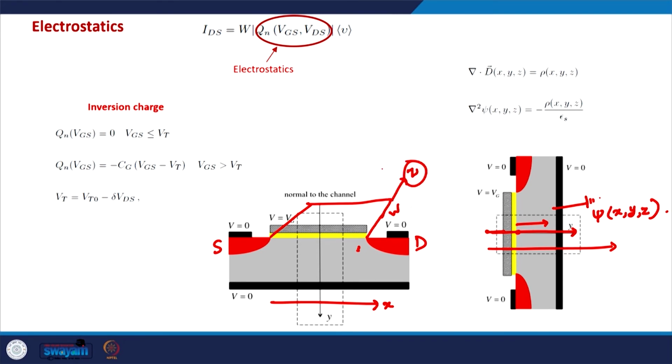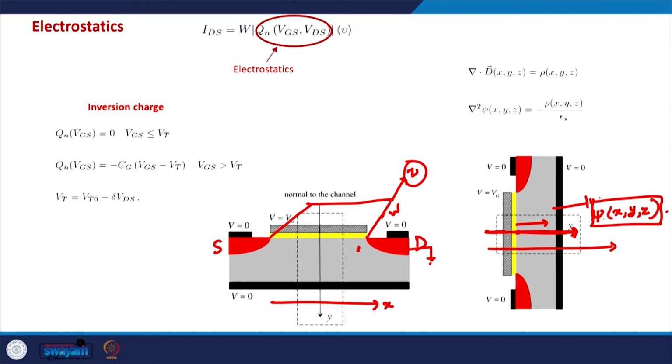So generally this potential in the semiconductor is a function of x, y, z, because we apply voltage on the drain terminal which creates an electric field in the x direction, and we apply voltage on the gate terminal which creates an electric field in the y direction.